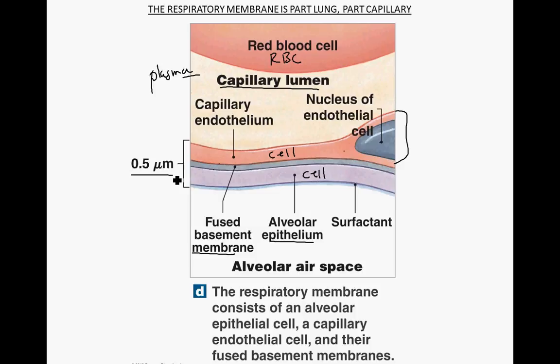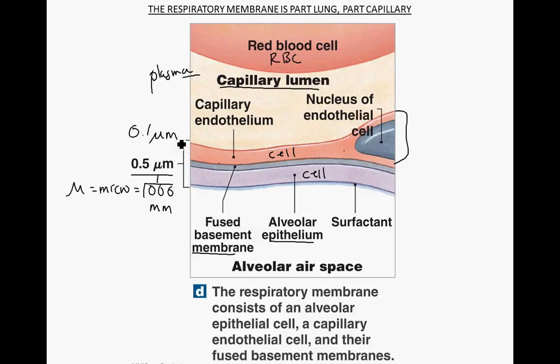This is the prefix micro, which is 1/1000th of a millimeter. So we're talking about very narrow, very small distances here. In some places, this distance is up to only 1 micron, or micrometer, thick.